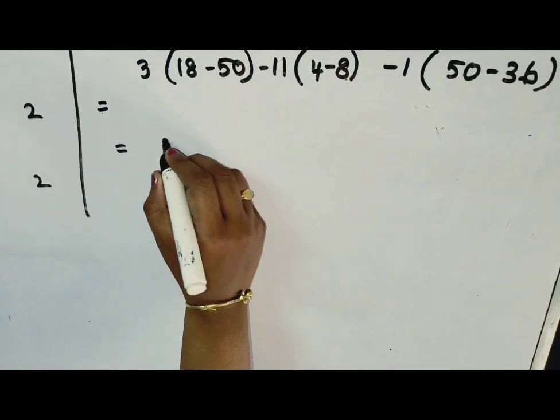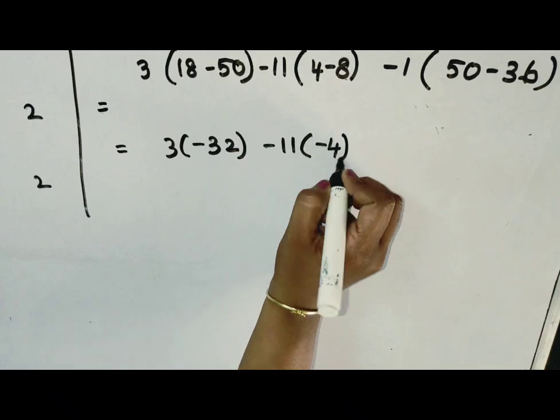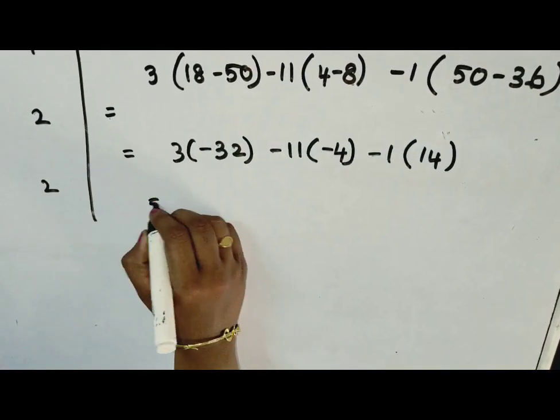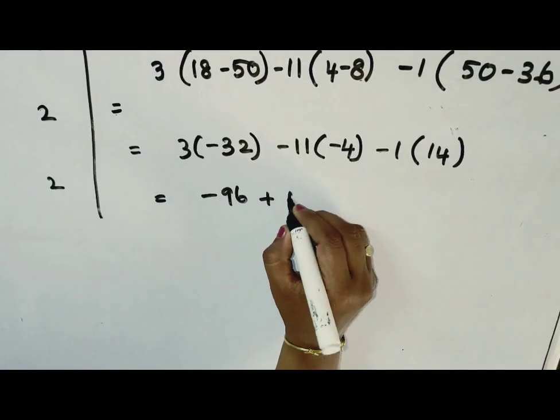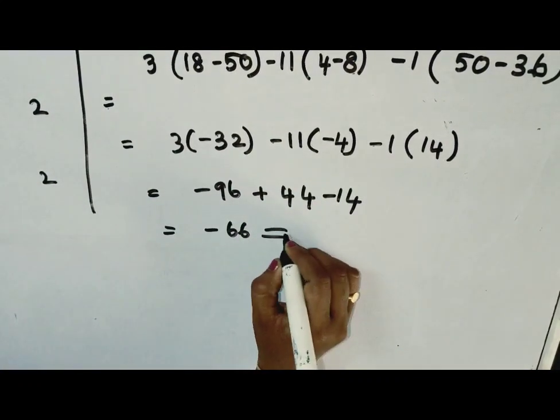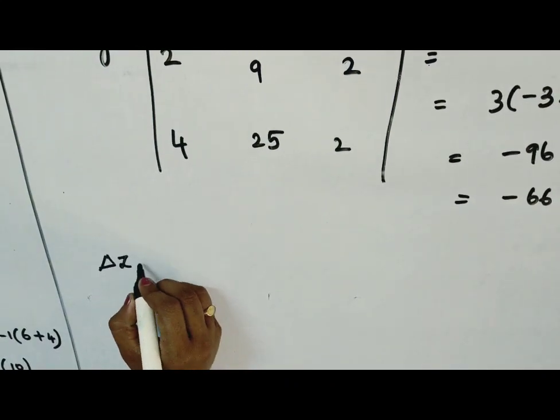If I simplify, 3 into minus 32, minus 11 into minus 4, minus 1 into 14. So minus 96 plus 44 minus 14, which is equal to minus 66. This value also is not equals to 0.